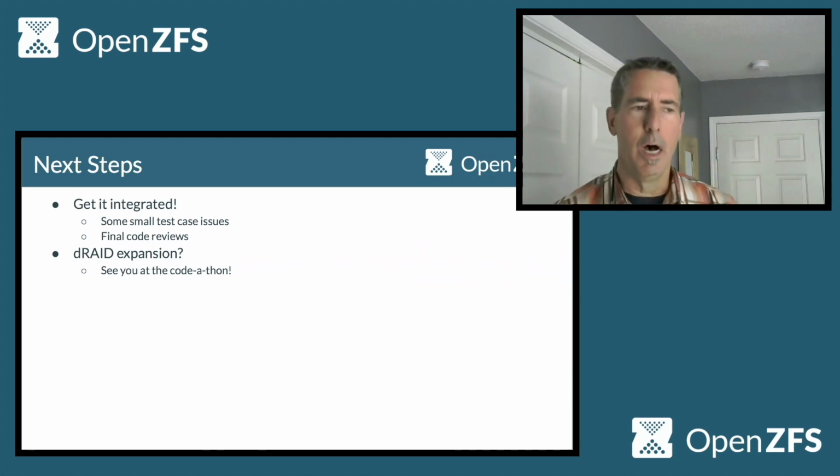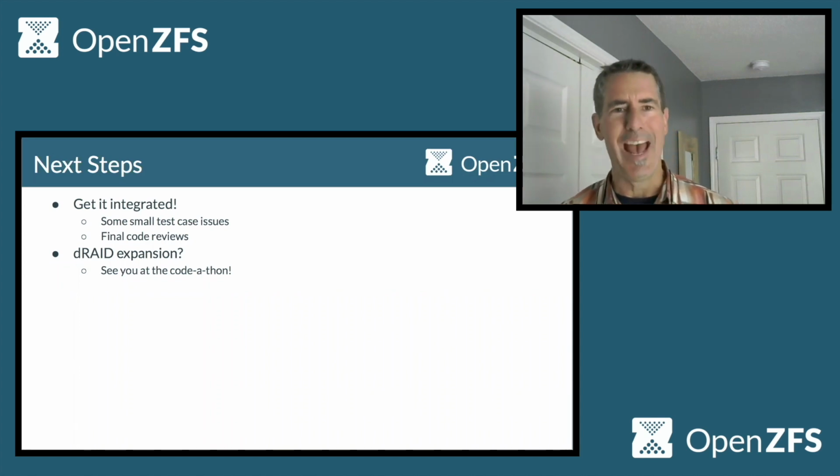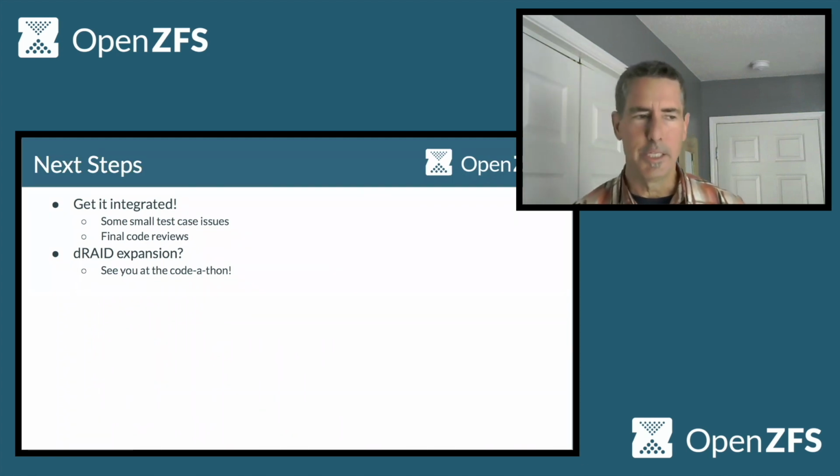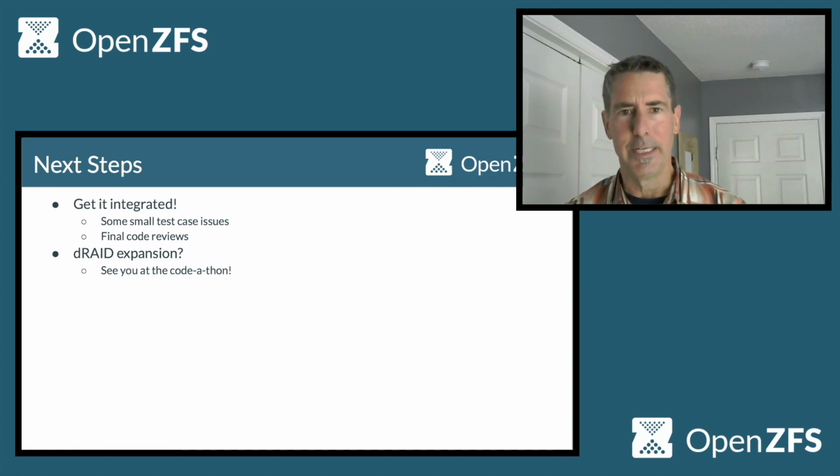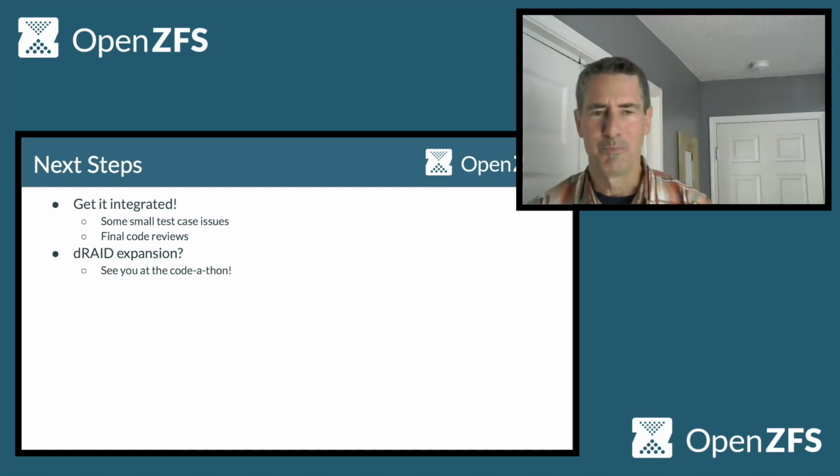So the idea is, could you add a drive to a dRAID configuration? And I think the answer may be yes. I think this could be an interesting thing to look at. So if anybody's interested in thinking about that, maybe working on some prototype code, let's get together at the Codeathon and see what we can do.